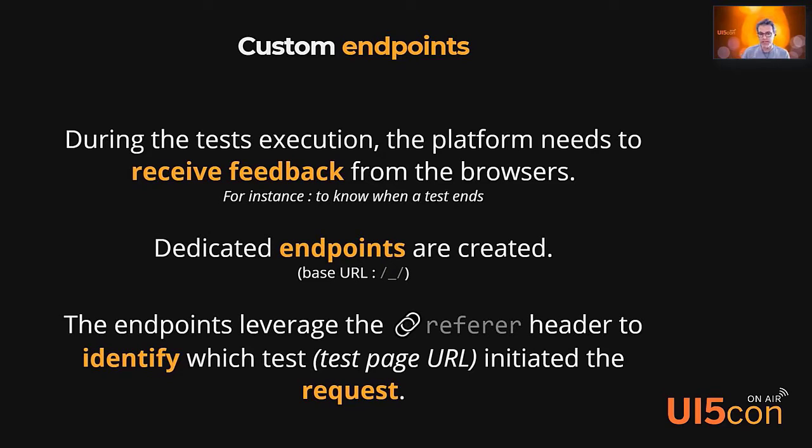Since each test page will have a different URL, whenever this browser posts messages to the test runner, the header of this request will contain the referrer information, and this referrer information contains the URL of the browser that is sending the message. So using this referrer information, we can easily distinguish which browser is submitting what information to the test runner. So that was one elegant way to enable multiple execution.